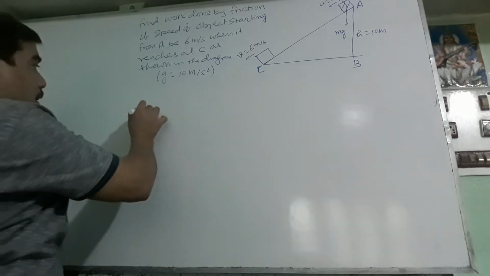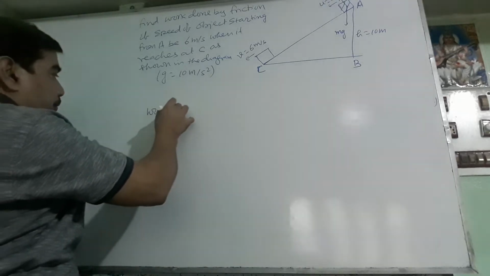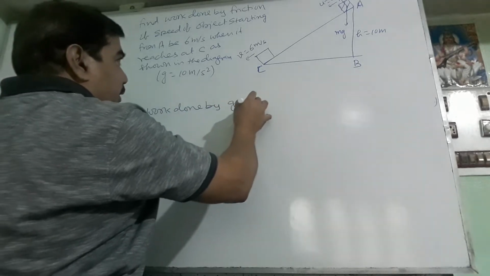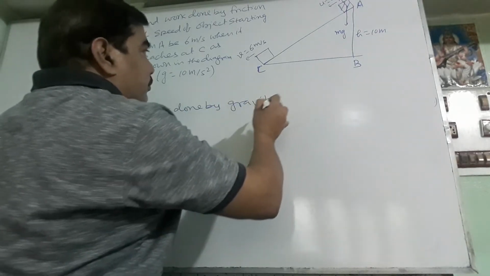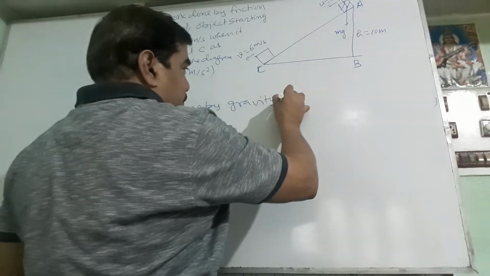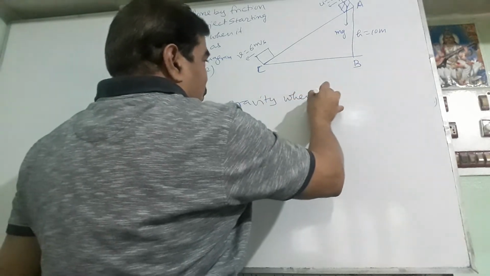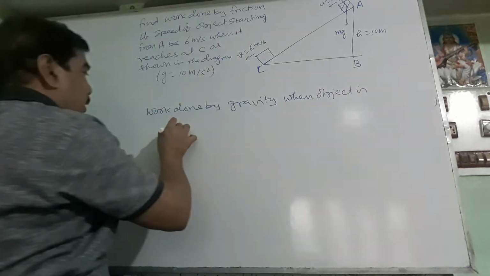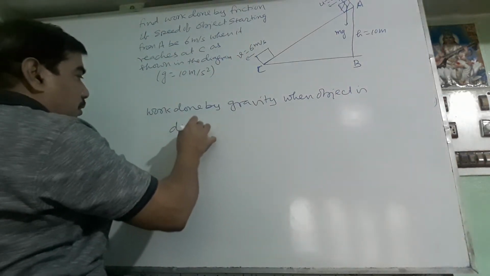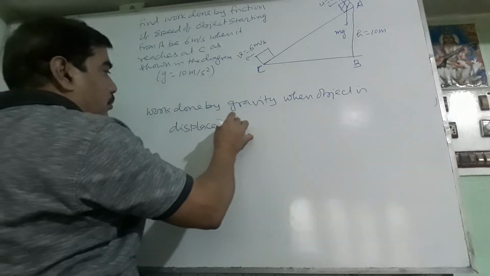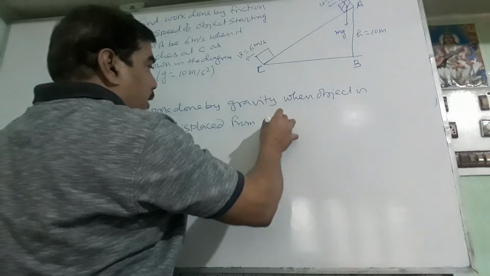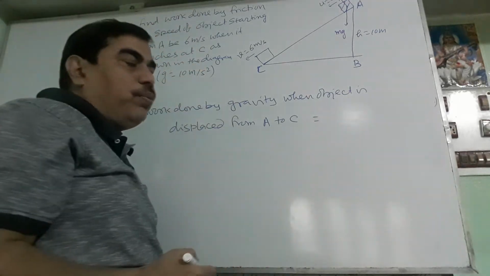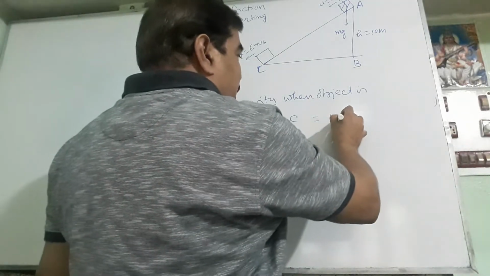So what is the work done by gravity when the object is displaced from A to C? The force of gravity is mg.